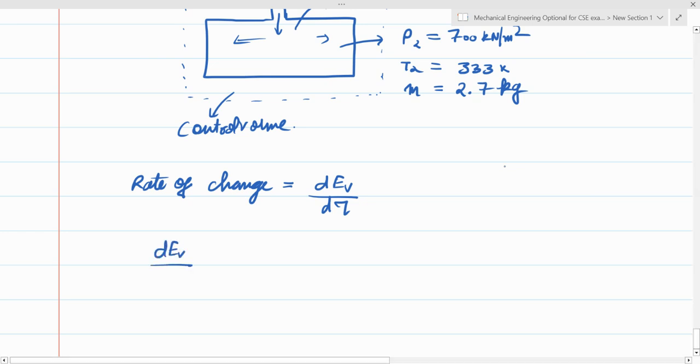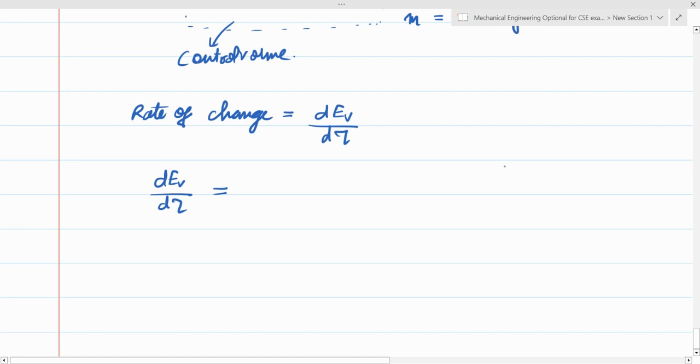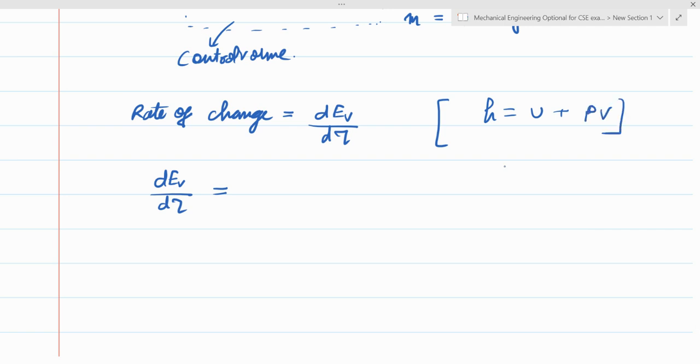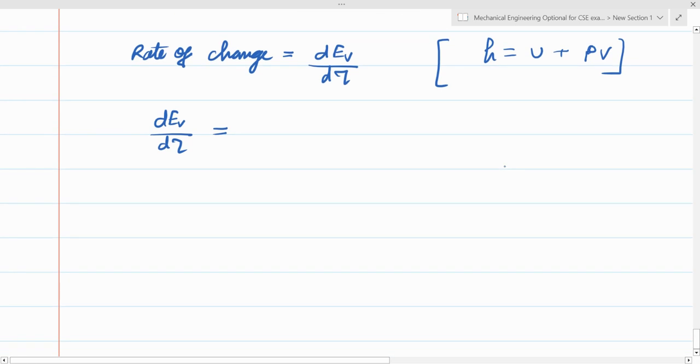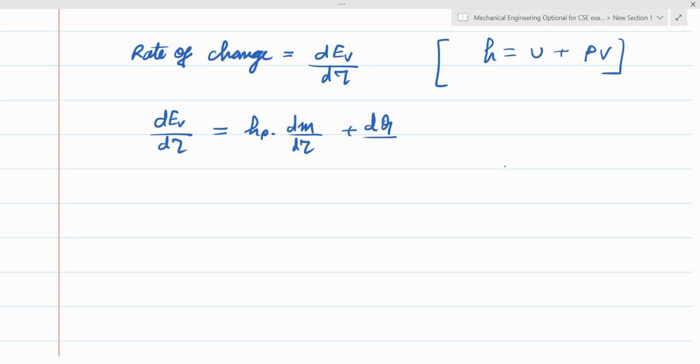Now dEV by d tau comes out to be, with H equal to U plus PV, Hp multiplied by dm by d tau plus dQ divided by d tau.